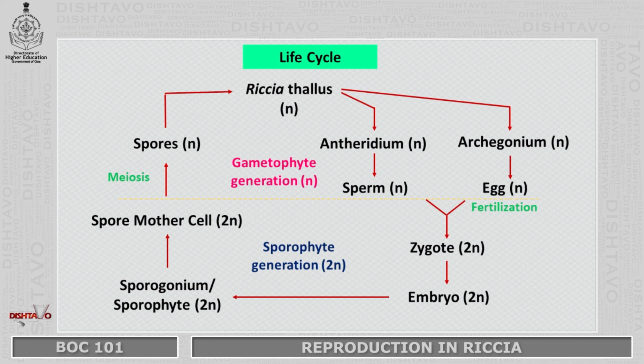Then it will differentiate to form the spore mother cell, which undergoes meiotic division, and then you have the formation of meiospores, which are haploid. These meiospores are again going to germinate to form the gametophyte, that is haploid. So we get to see the alternation of generations, and the type of life cycle exhibited is the haplodiplobiontic type of life cycle. So this is the schematic representation of the life cycle.